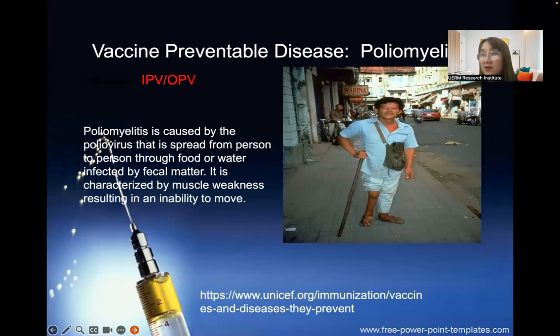So poliomyelitis is caused by the poliovirus that's spread from person to person through food or water infected by fecal matter. It is characterized by muscle weakness resulting in an inability to move.